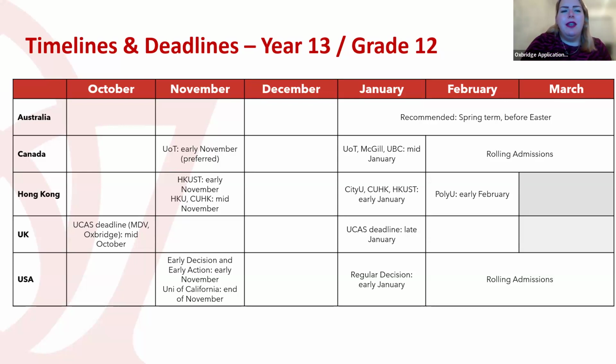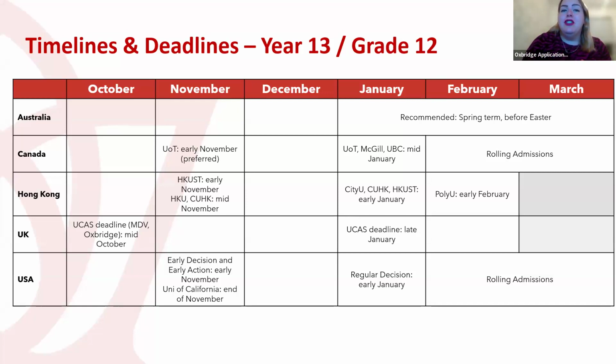So if you're thinking of somewhere in Canada, the only one that has an early deadline that's preferred is University of Toronto, which is normally around early to mid-November. And then places in Hong Kong and the USA might have different options: you can apply early, which is in early November, or you can apply in the regular round, which is normally early January.